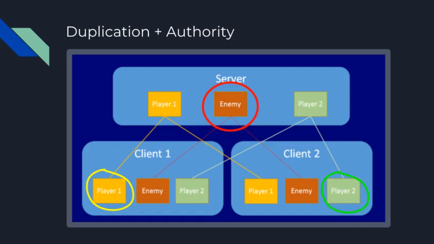The client is the one you're actually accessing, but you can modify things by sending calls to the server, and then the server will handle distributing that across all of the clients.